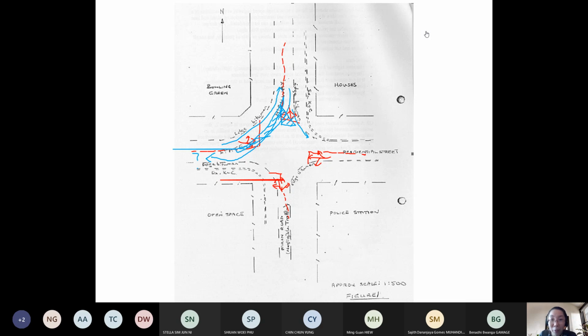Okay, so who thinks that you can put a roundabout as a solution? Okay, there's one. The rest of you? Democracy has failed. Okay, so apparently the roundabout solution is the majority of 2.